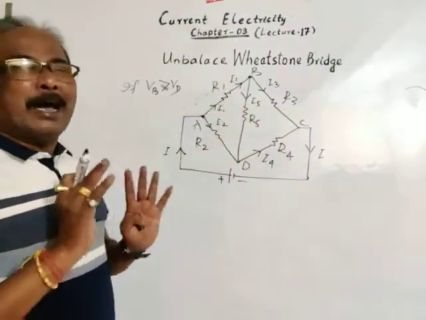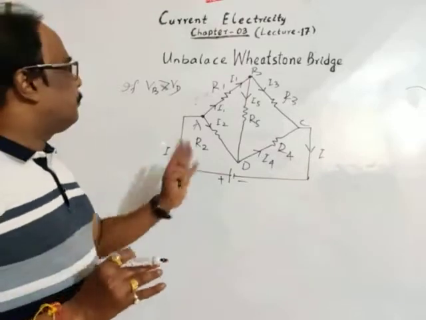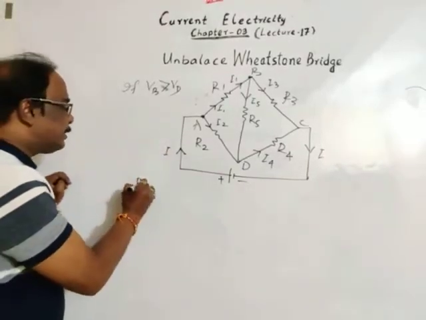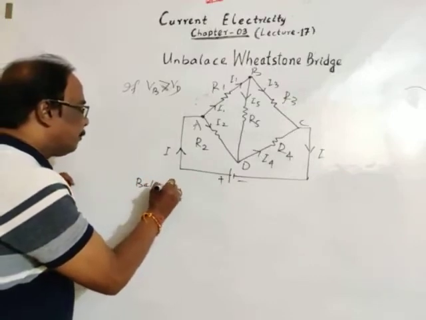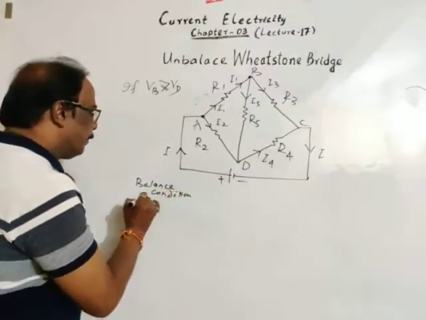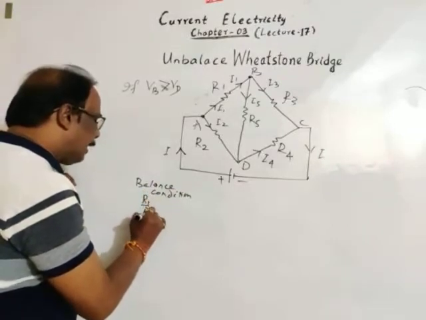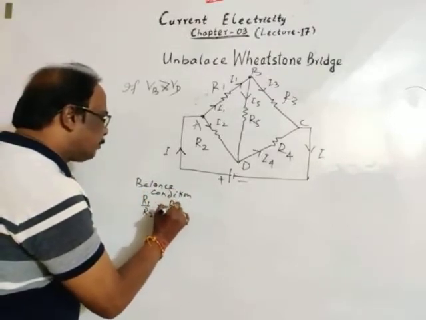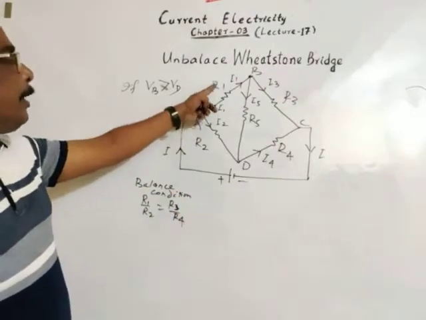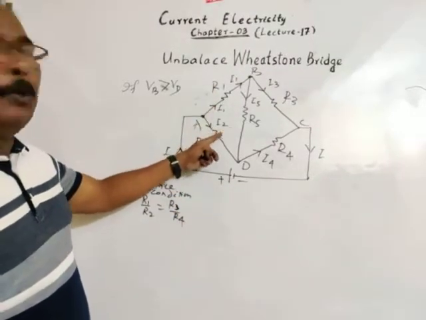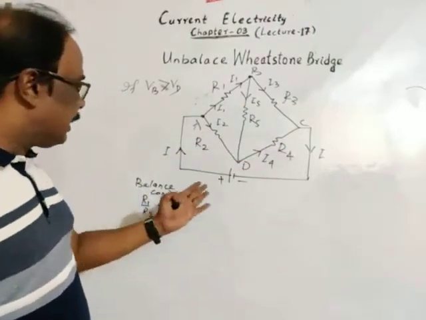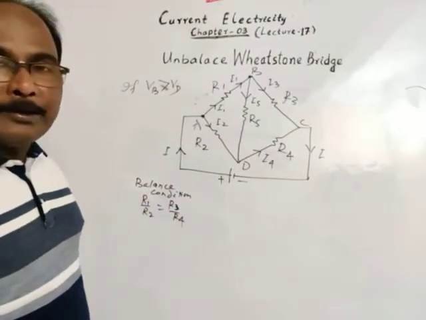So this is the actual scenario. What is the balance condition? R1 divided by R2 is equal to R3 divided by R4. If the ratio of R1 to R2 equals the ratio of R3 to R4, then this satisfies the balance condition.